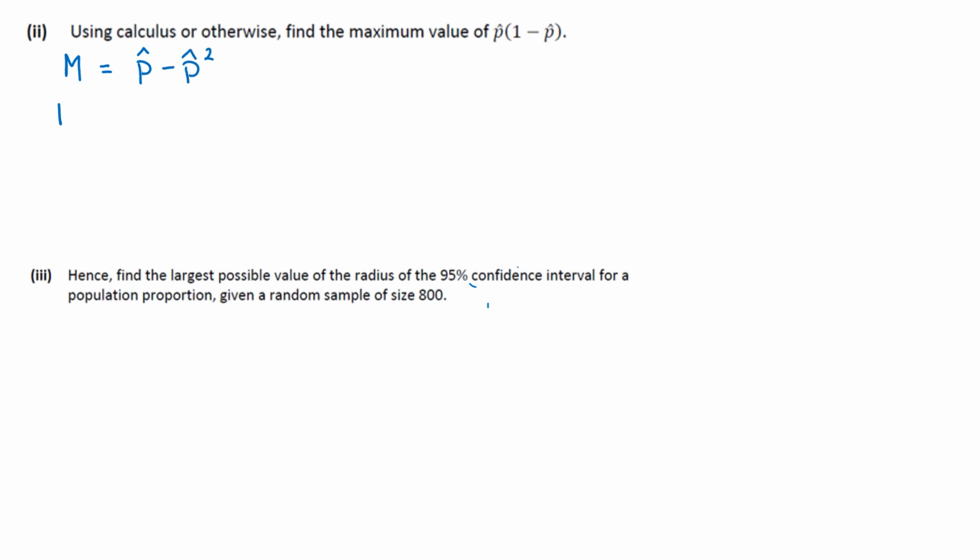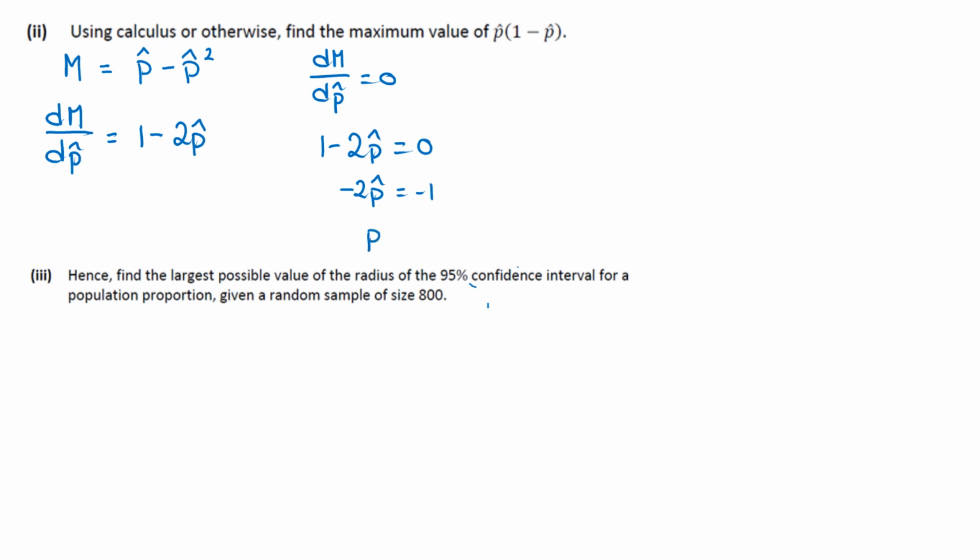So I'm going to differentiate this with respect to p hat, and I'm left with 1 minus 2p hat. To get the maximum value, I let the first derivative equal 0, so I get 1 minus 2p hat equals 0, so that means minus 2p hat equals minus 1, therefore p hat equals a half.